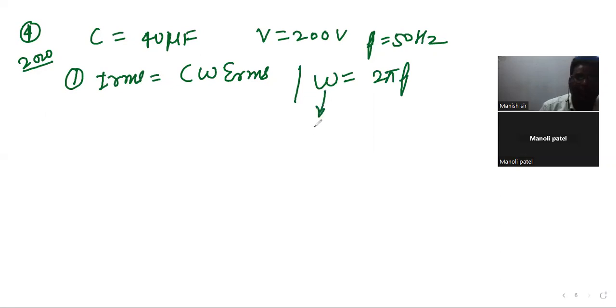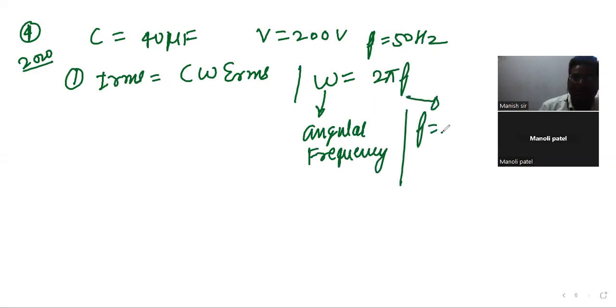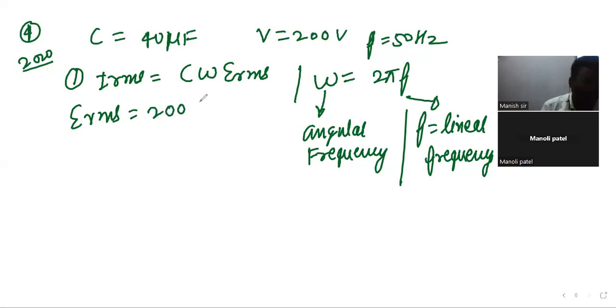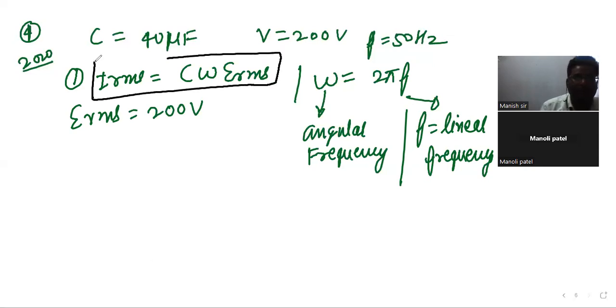So here omega is angular frequency, and this f is your linear frequency, right? So now calculate ERMS, and ERMS value is given, that is 200 volt, right? So put all this quantity in this first formula, all the given data.